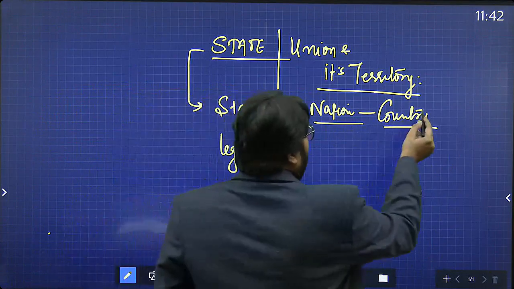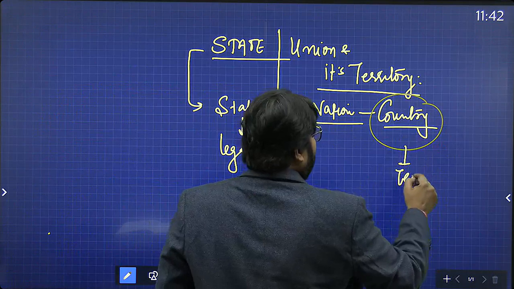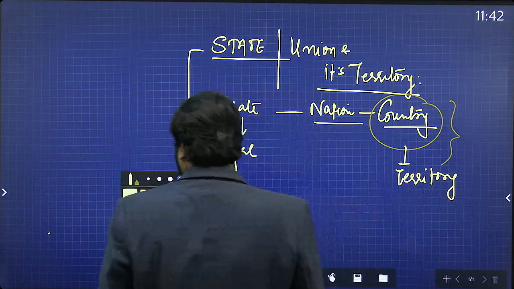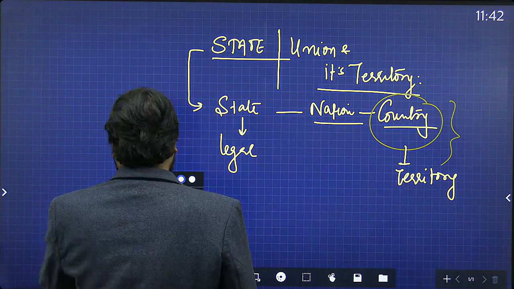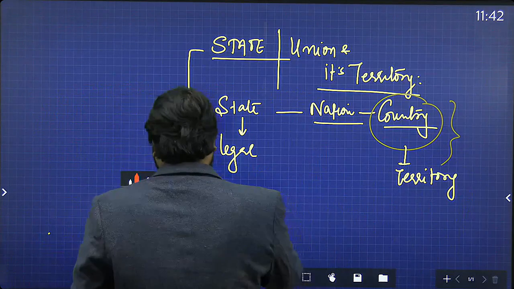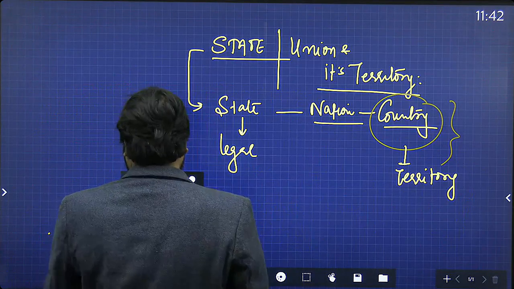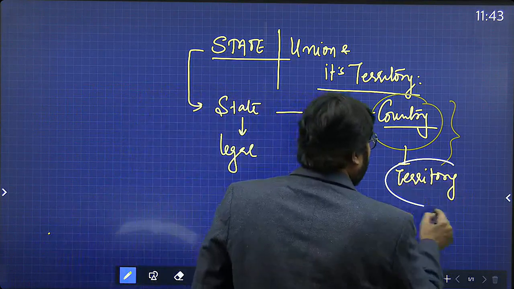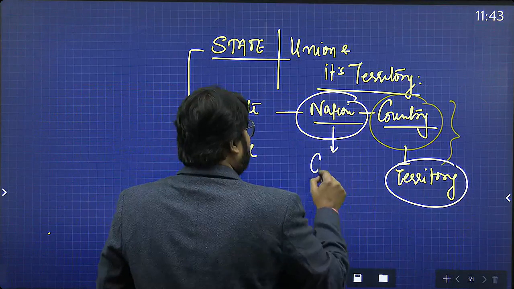A country is more related to the territory part. Nation is related to the cultural aspect.